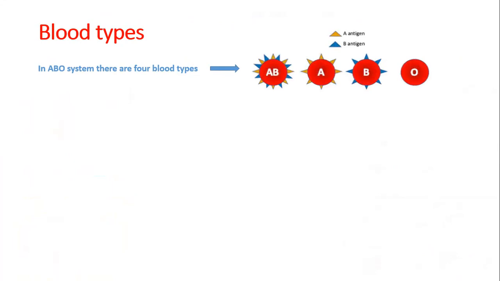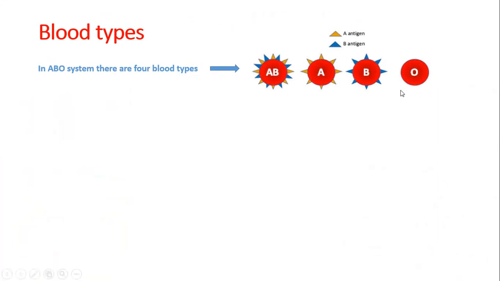The blood types in ABO system. There are many systems such as ABO, Rhesus system, etc. In ABO system, there are 4 blood types: A, B, AB, and O. What is the difference between each of these groups?